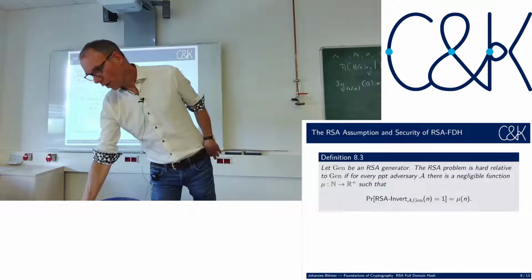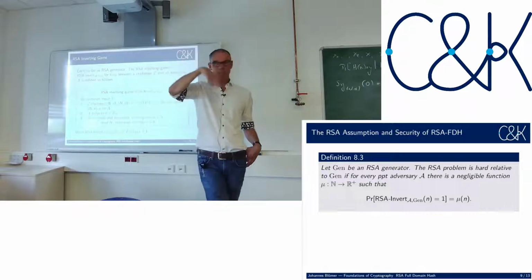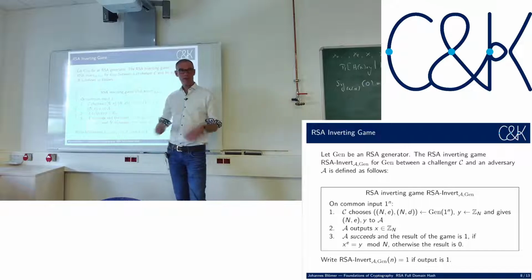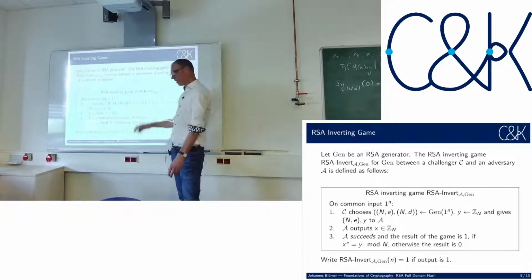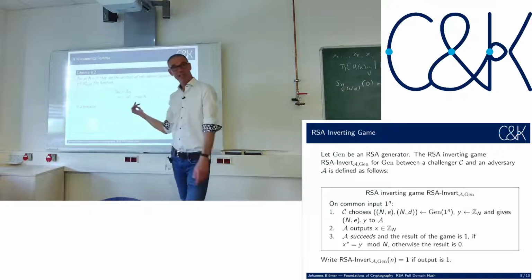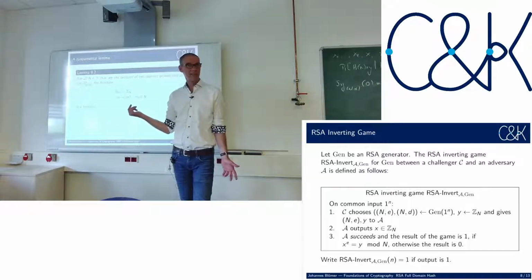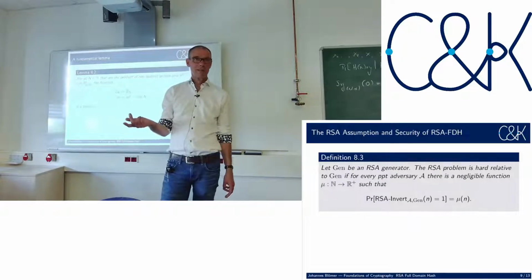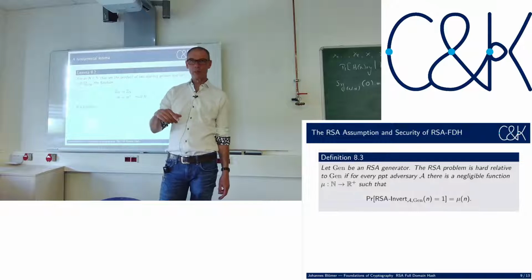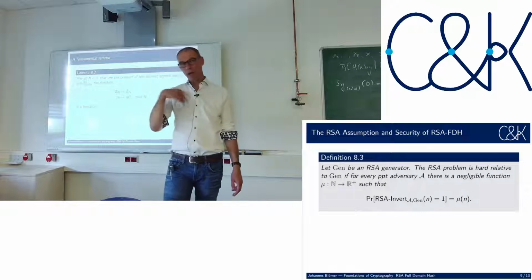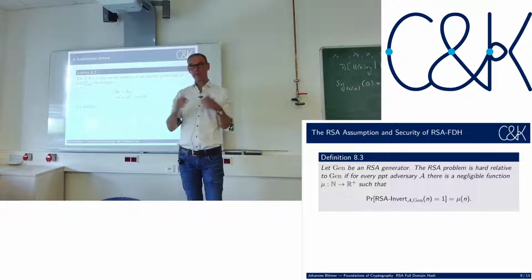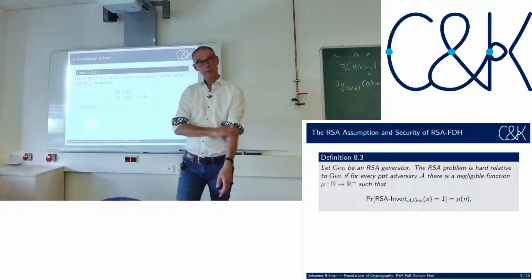So it can even output good primes, uniformly at random, but if it outputs E to be 1 always, then this function here is the identity, and it's easy to invert the identity. Similarly, if you would always output -1, or if you output +1 or -1 with probability 1/2, also not good. Or if you output E to be 1 with significant probability. All this is not allowed. Okay?